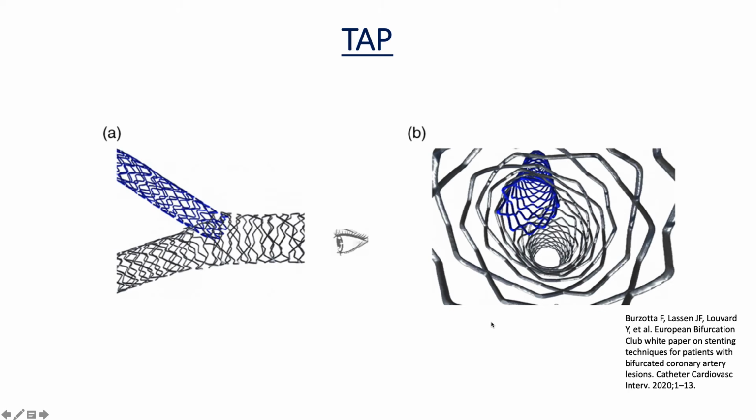This is the final 3D rendering of the TAP technique, as you see very clearly in that paper. You notice the natural respect of the rheology and the flow, and this is, in my opinion, the closest one could get to a natural carina without stent overlap, which is done usually in the Culotte technique.